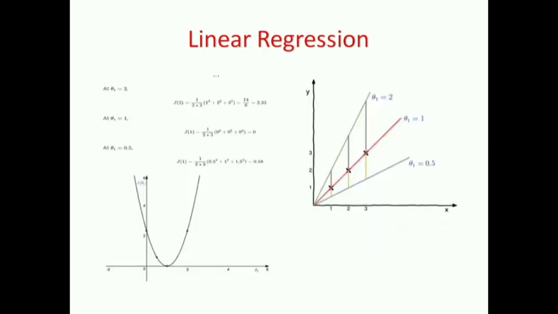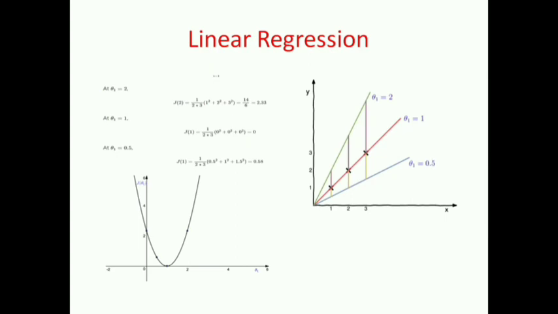Let us take an example of how to calculate this cost function. Suppose in this graph, the black crosses represent our data set. That means x is equal to 1, y is equal to 1; x is equal to 2, y is equal to 2; and x is equal to 3, y is equal to 3. Now we want to best fit a line.